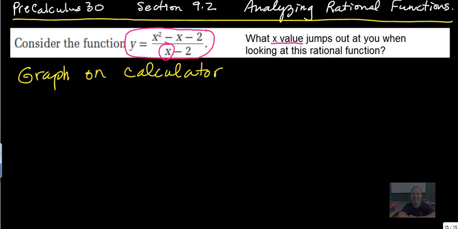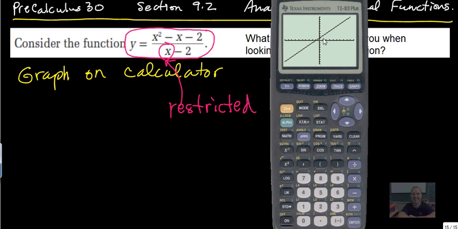So what is up with x equals 2? We know that x equals 2 is a restricted value, which means that at x equals 2, y is undefined. In 9.1, that always translated into a vertical asymptote. But if we look at this graph, at x equals 2, which is right here, look at what is going on here.